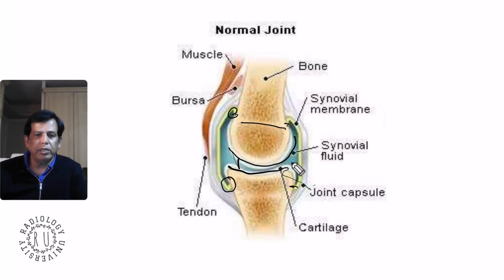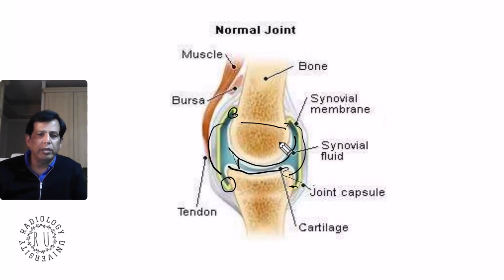You can imagine that if there is fluid in the joint, there will be bulging of the joint space and the synovium, which gives soft tissue thickening and swelling. Then you can get changes around the joint. You can get osteopenia around the joint, which is called periarticular osteopenia.